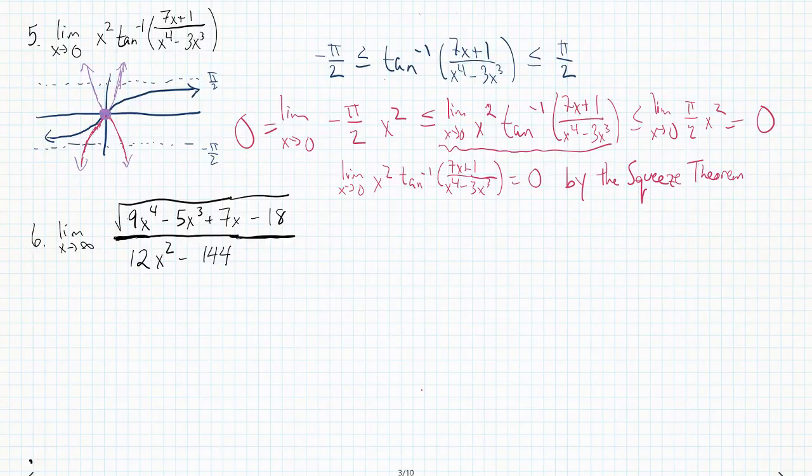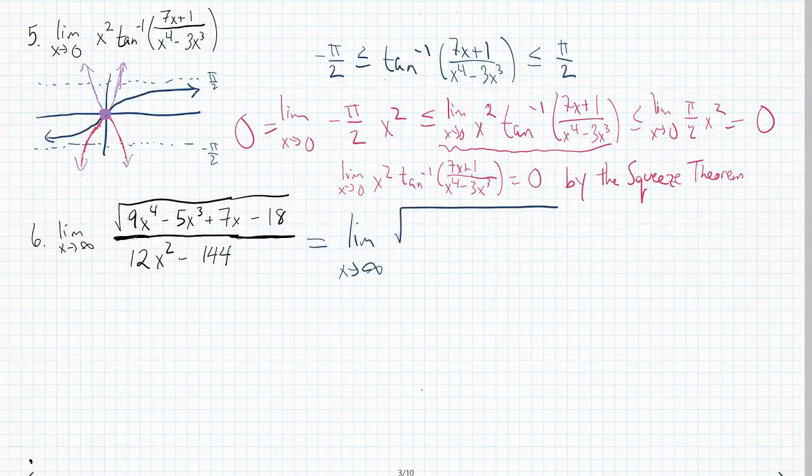So now we're moving on to something a little bit more challenging in terms of it's not a polynomial in the numerator, but this one's not that bad either. I will actually revert to that case where we factor out. It might look a little bit easier in those regards. So we'll factor out x to the 4th for the numerator.